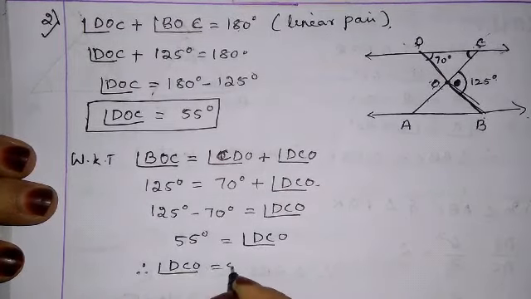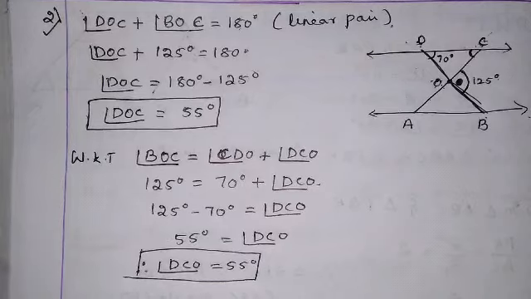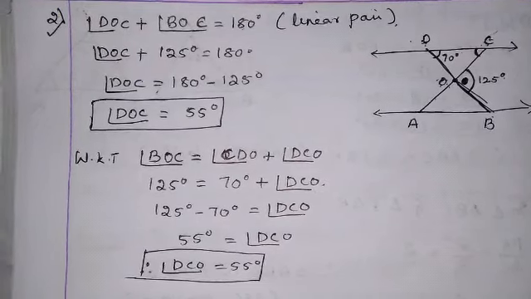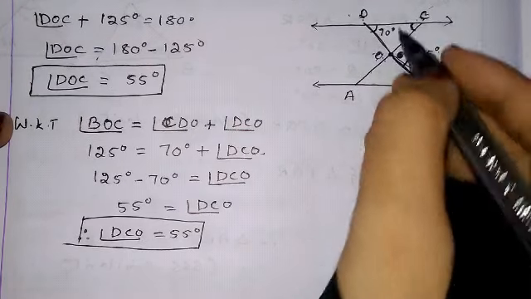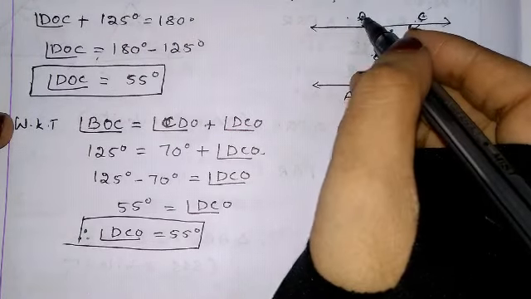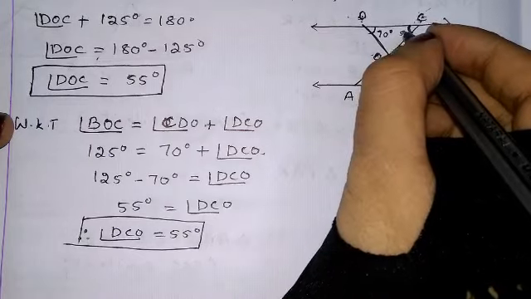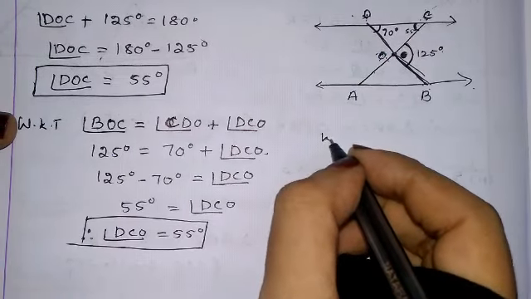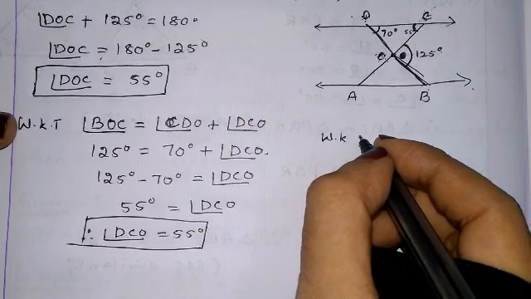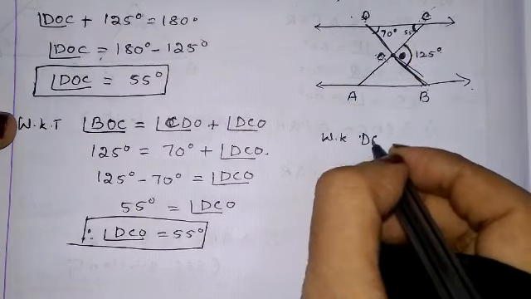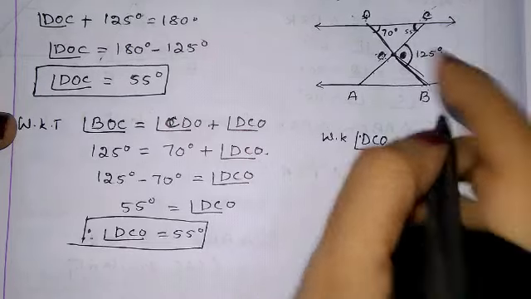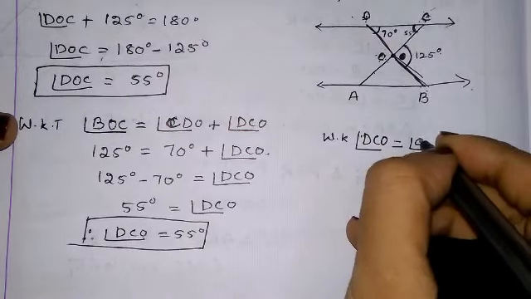We got two things. Now one more we have to find, that is OAB. Now OCD we got, DCO we got 55. We know that angle DCO is equal to OAB.